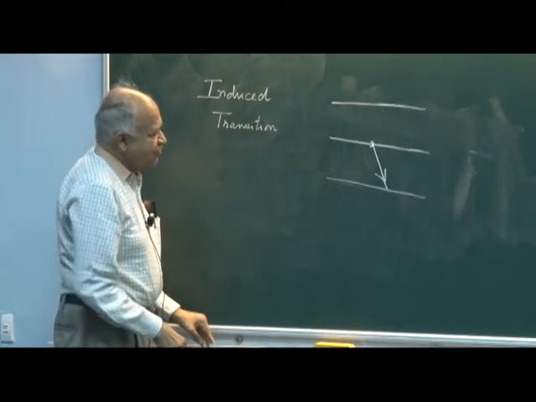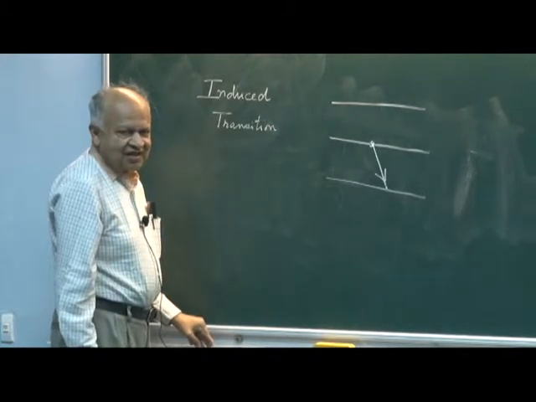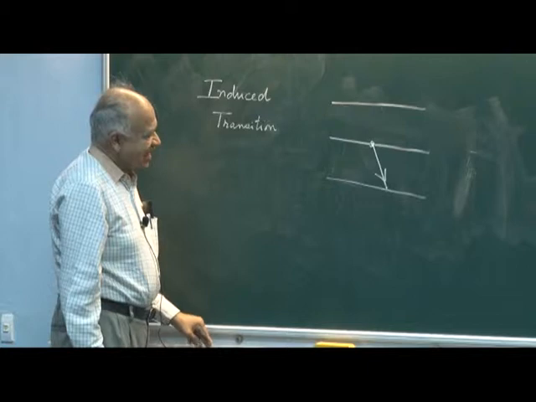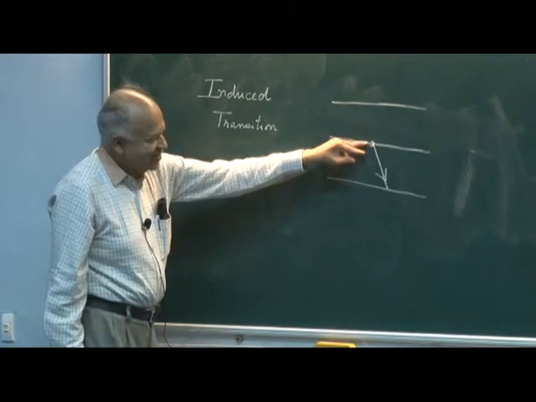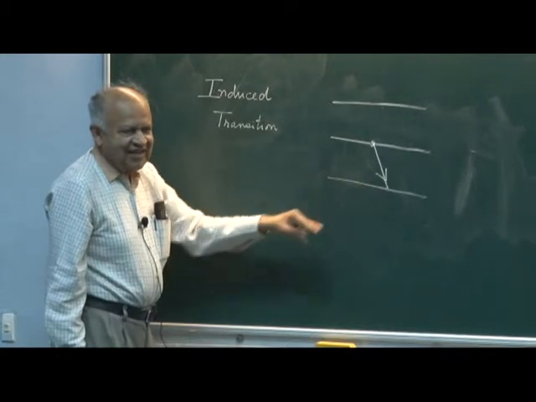Now, if that induced field is 0, the answer should be that the electron should continue to stay there, but it does not happen, the electron jumps down.